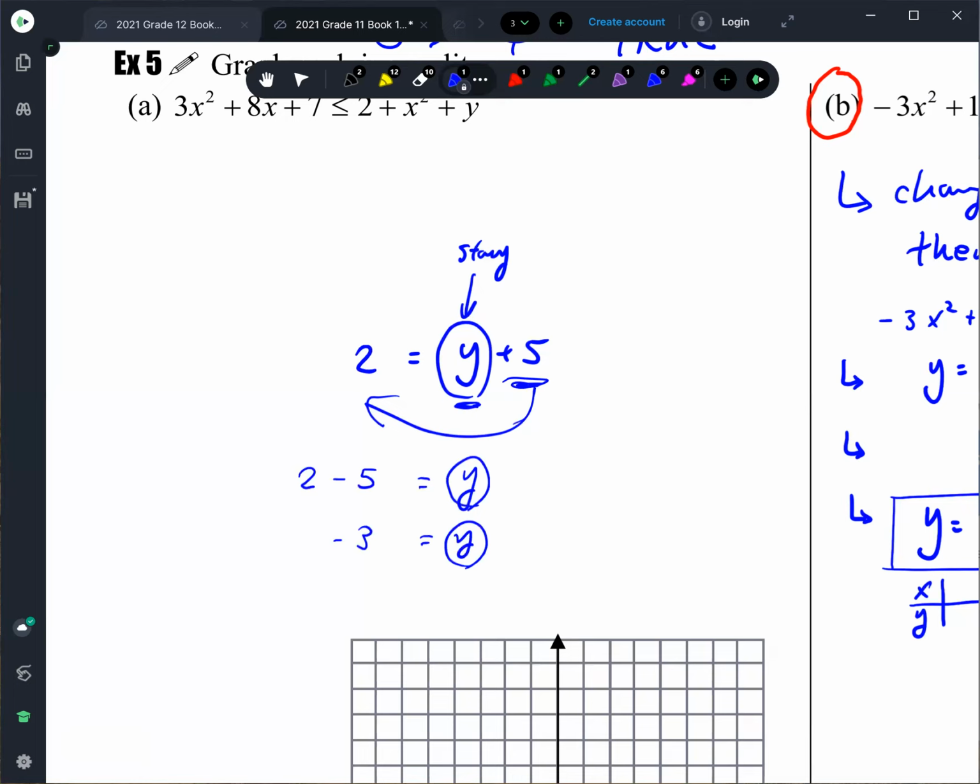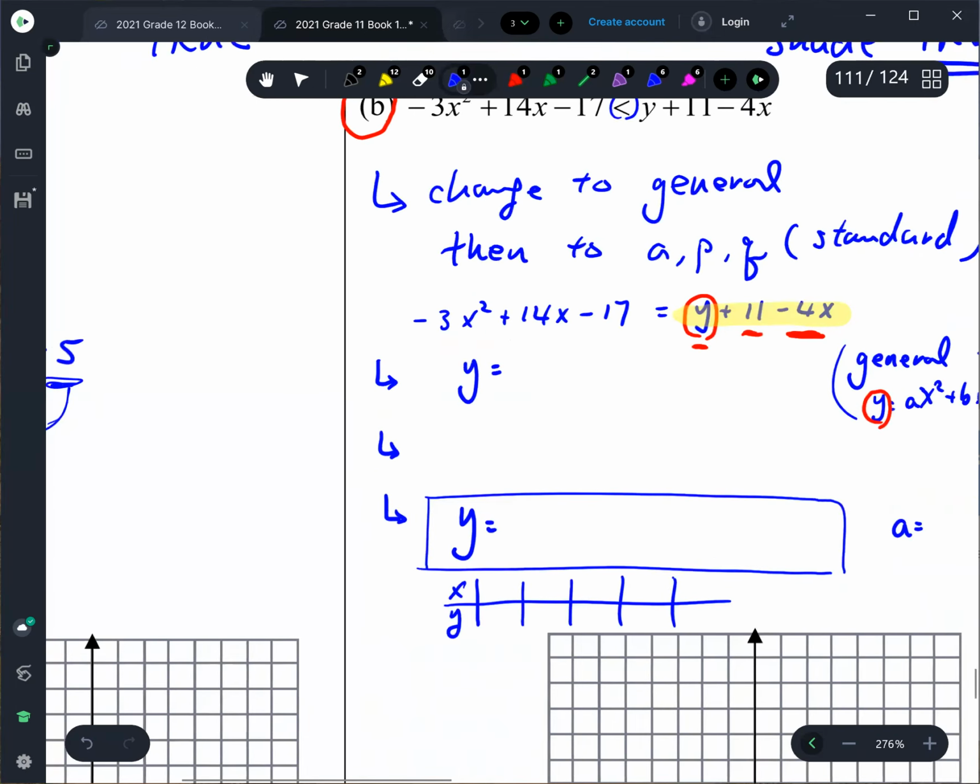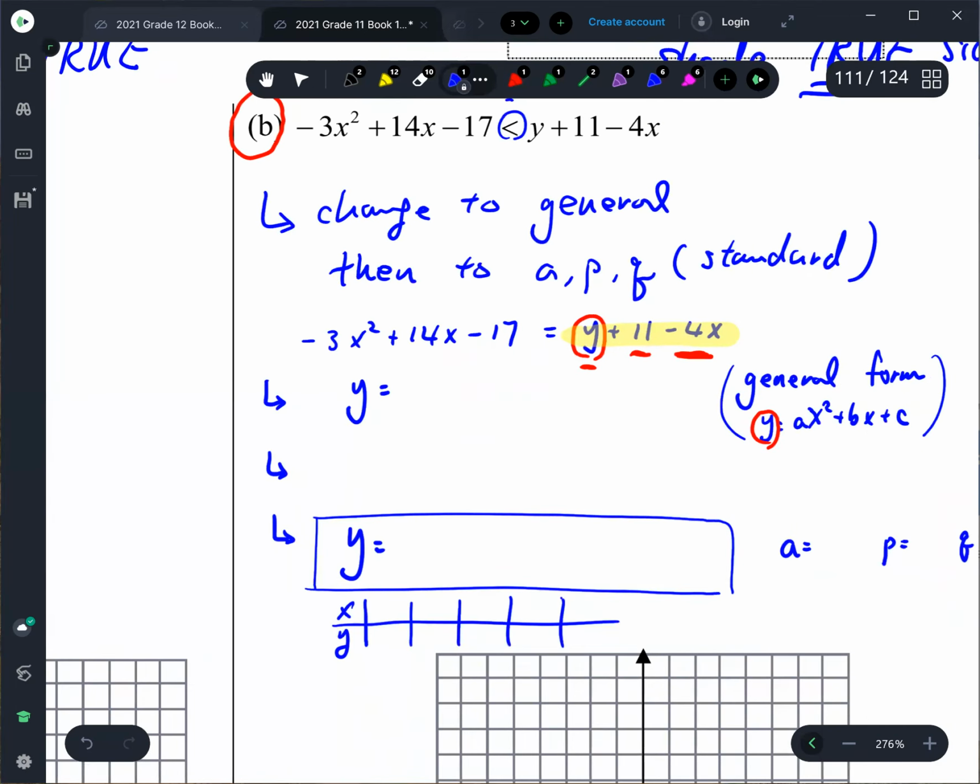Understand? Yes. Okay, we are doing the same thing here, isolating the y. I want to keep the y, okay? This y stays. So which ones need to move? 11 and -4x. Very good, okay?